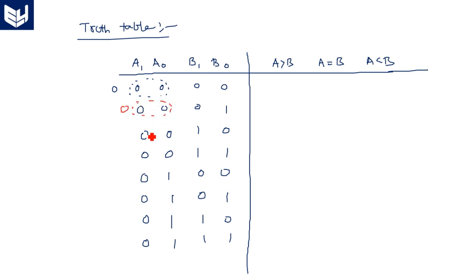For the first 4 numbers A is 0 and the next 4 have A as 1, and similarly B is 0, 1, 2, and 3, and similarly 0, 1, 2, 3.